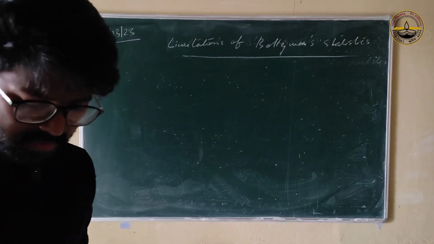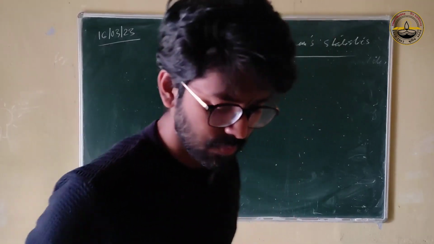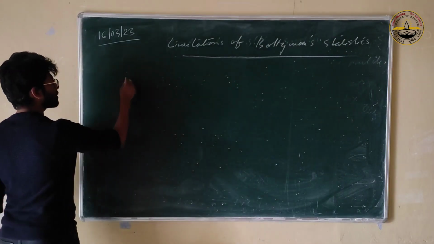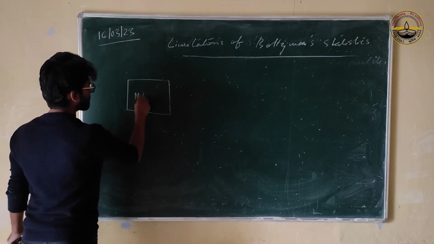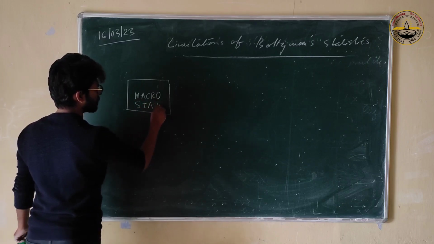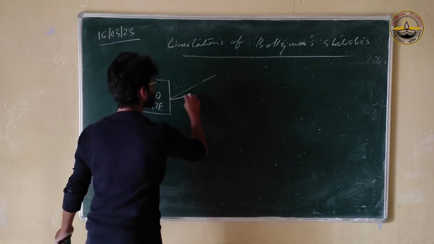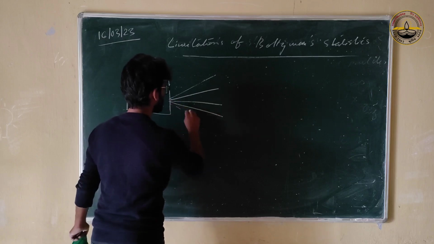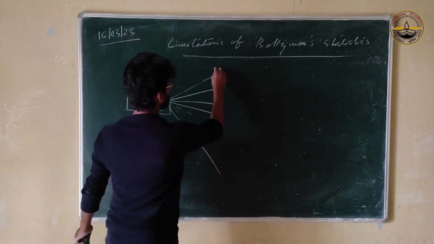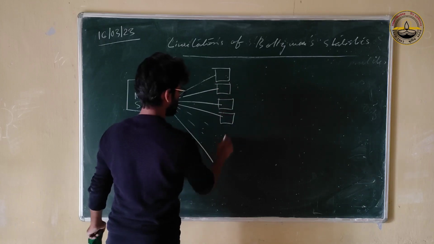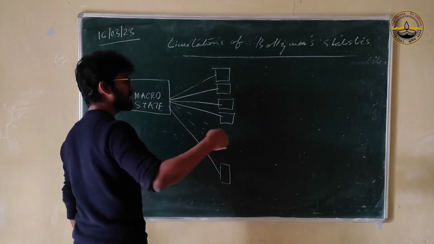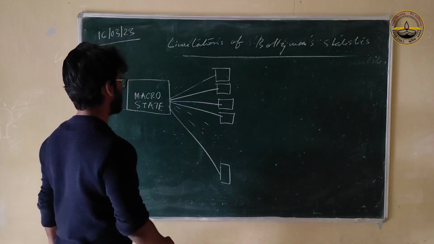Let me quickly write down a summary for you. So, one very important thing is, if you have a macrostate that corresponds to some microstates, let's say. It could be dice that we have discussed so many times.